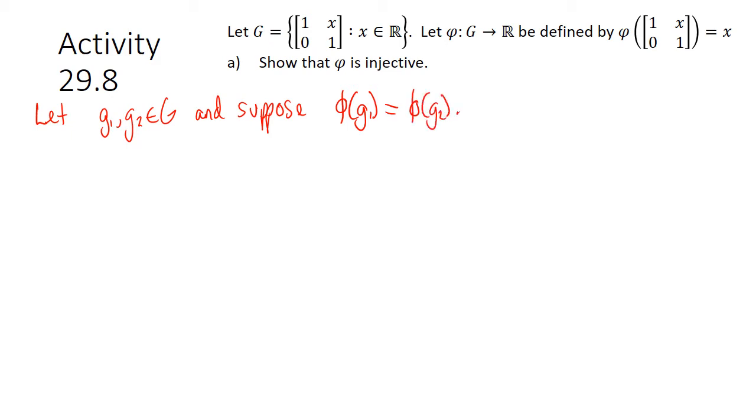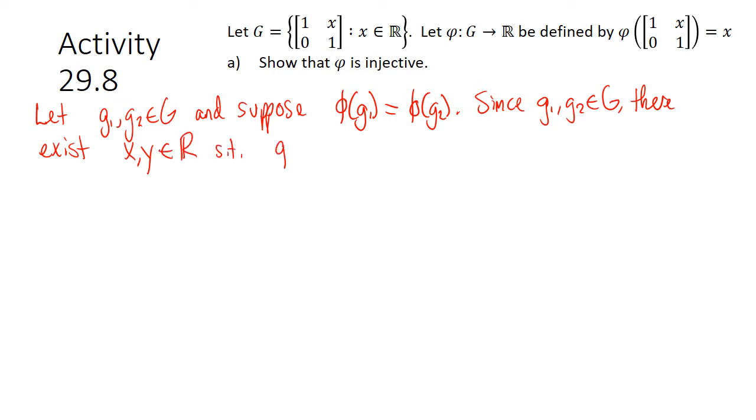Okay, so we need to actually expand a little bit on what G1 and G2 are and make them into matrices. So since they're in this group G, there exist two real numbers, x and y, in the reals, such that G1 equals this matrix, and then G2 equals this other matrix with y.